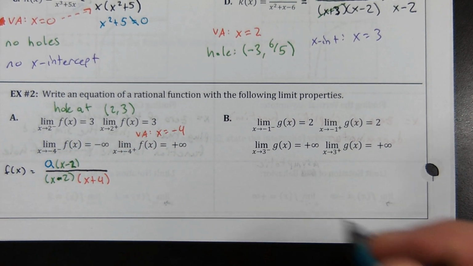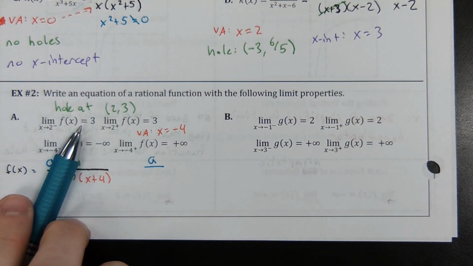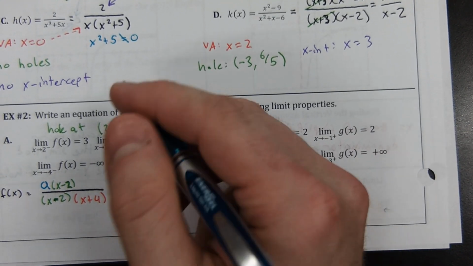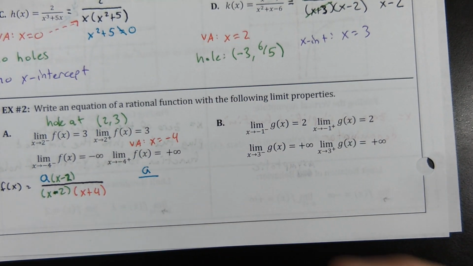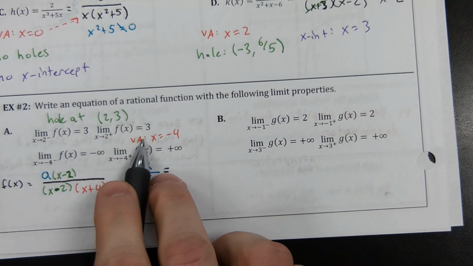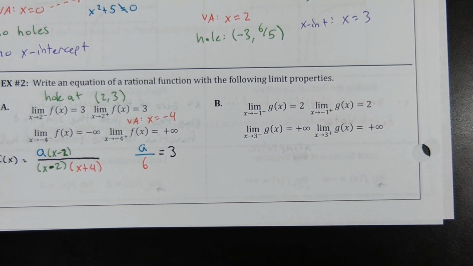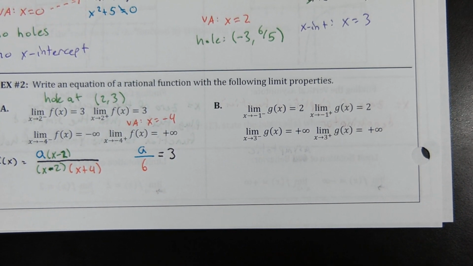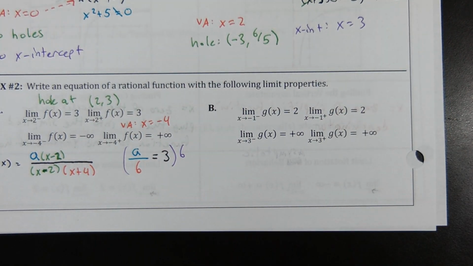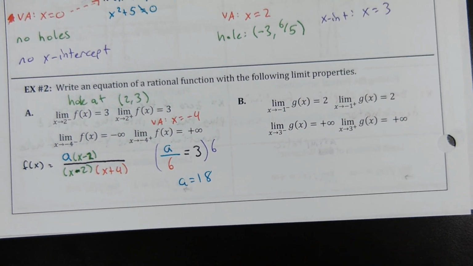So a over 2 plus 4, which is 6, equals 3, because that is the y value of the hole. So what does a have to equal? 18. You multiply both sides by 6, and there is a vertical stretch of 18. That's a big boy.